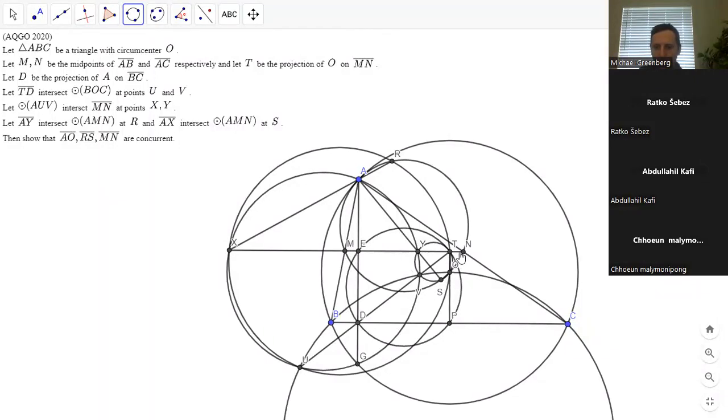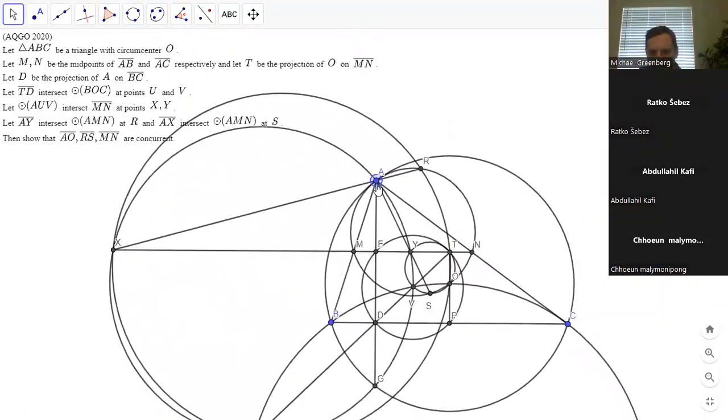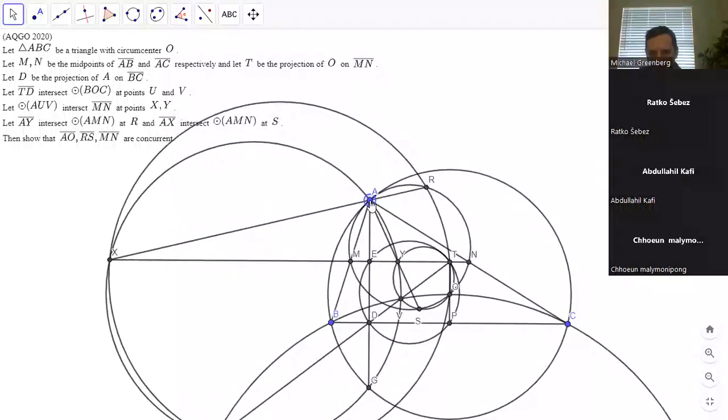Actually, I don't think these circles actually are homothetic, right? I think they actually intersect somewhere. Yeah, they're not homothetic.